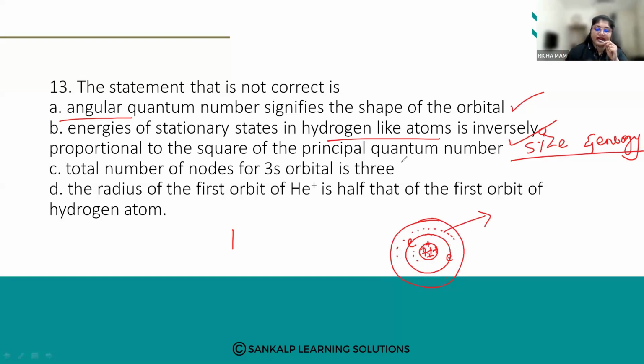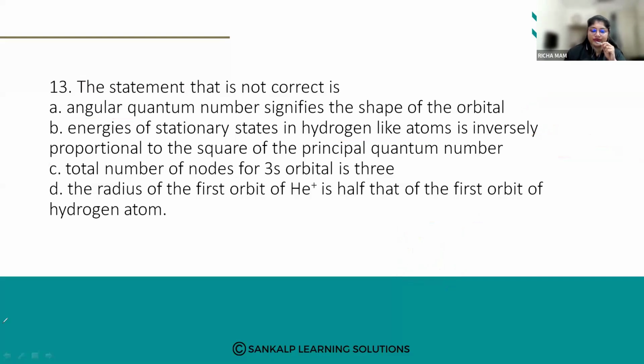So that is called the node. Now when we find out the total number of nodes for any orbital, remember this, please make a note.